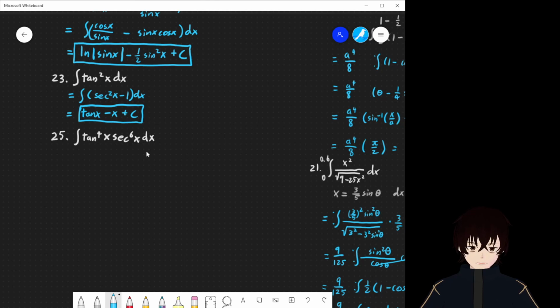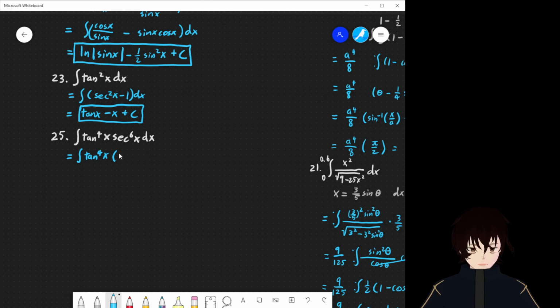Let me think for a moment. How are we gonna approach this problem? I think I know. Let's keep tangent to the 4th, and then we're gonna take out a secant squared x because the derivative of tangent x is secant squared x.